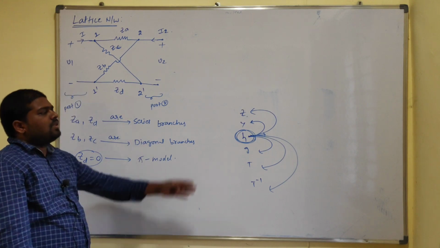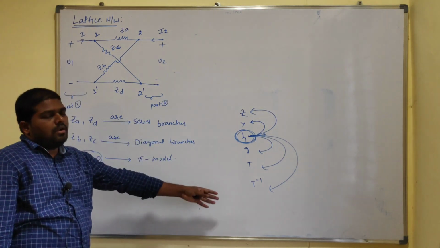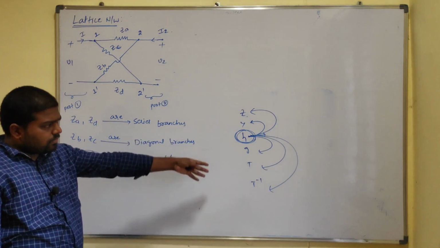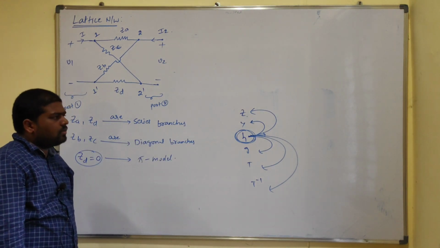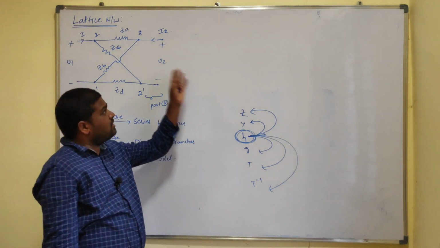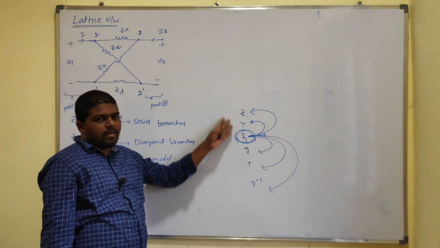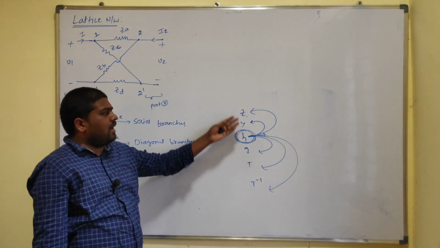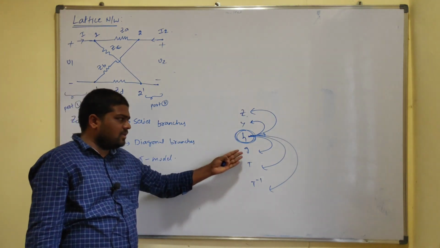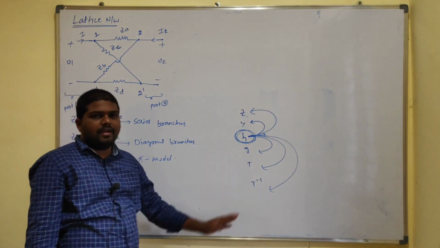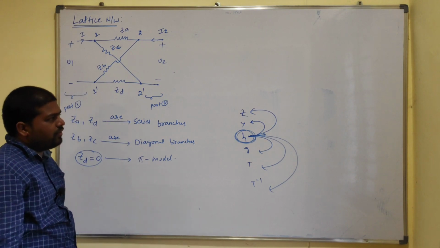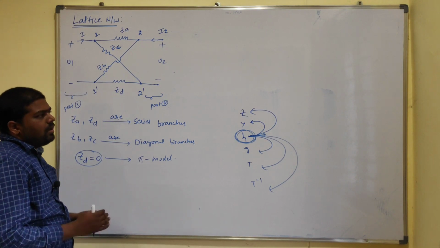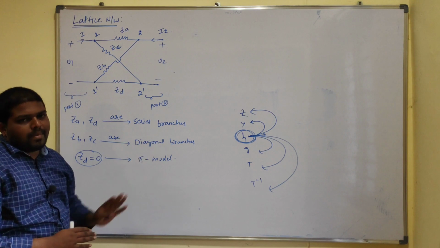So you can start with any one of these 6 parameters. For simplicity, I will go with the Z parameters.